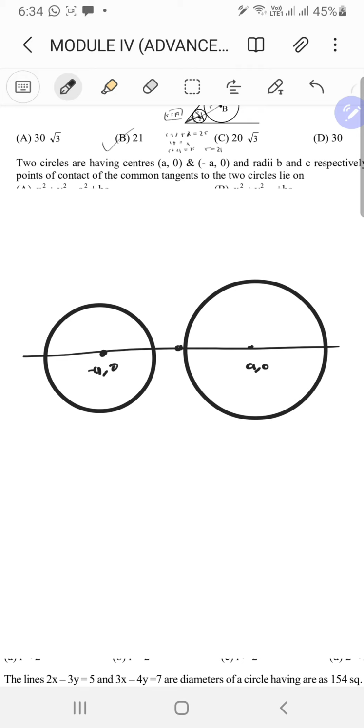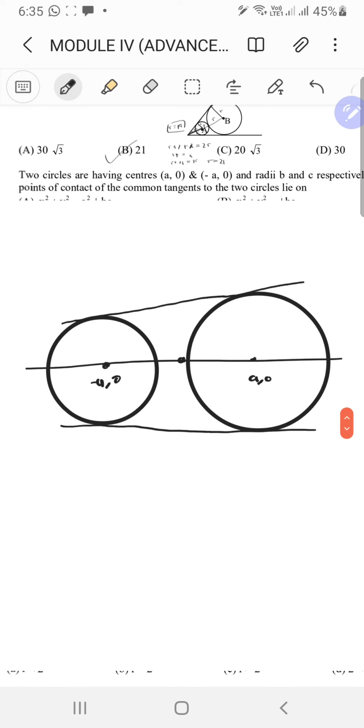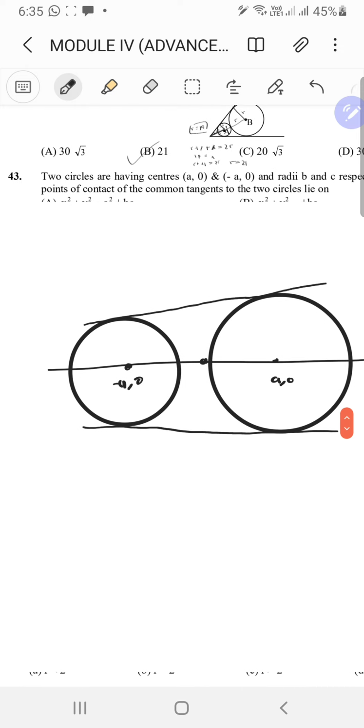We want to find the points of contact of the common tangents. These are the common tangents, and these can also be the common tangents.